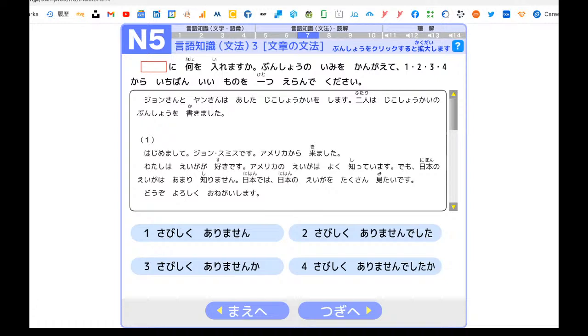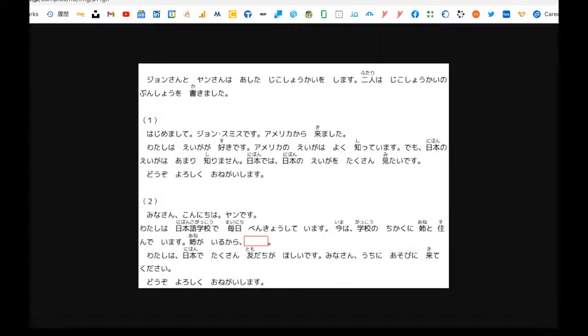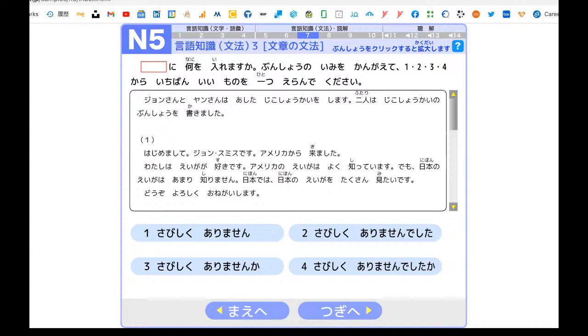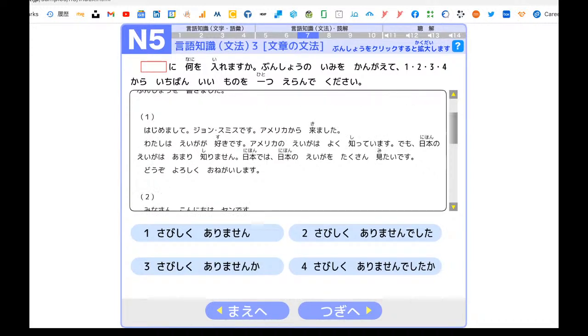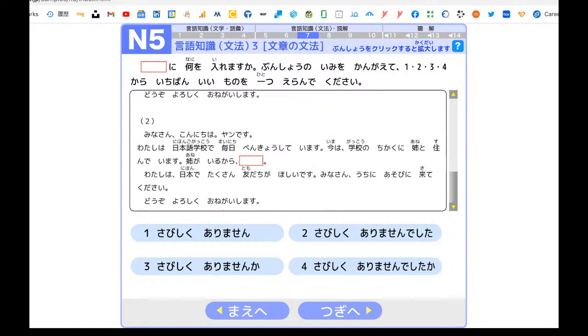So please just read the very first sentence, and then check the structure of the text, and then see the options and find out how their structures are, and then find the clue from the text, and you can find the right answer. Okay, next one.